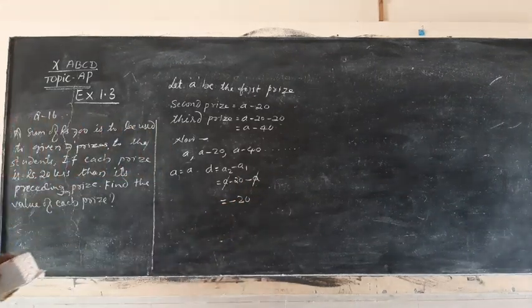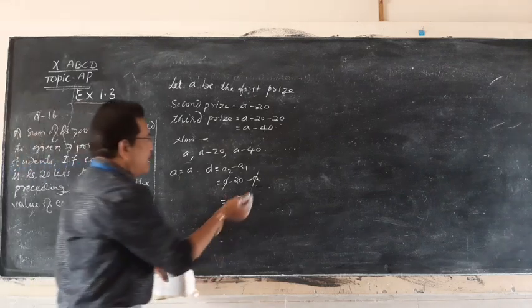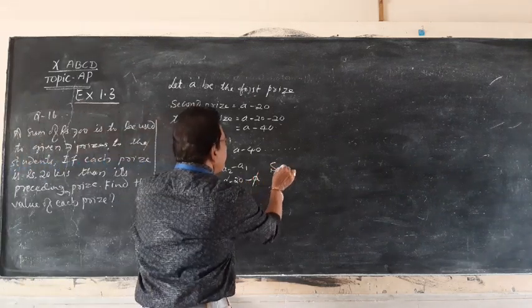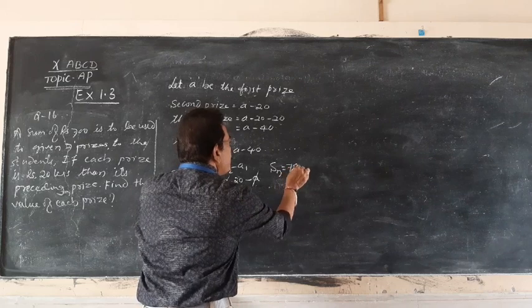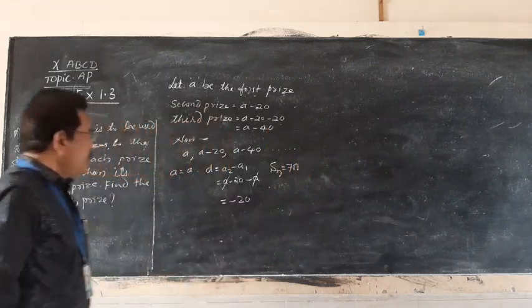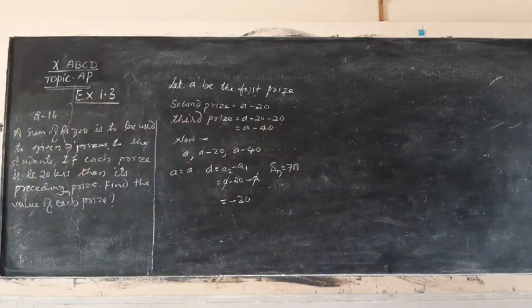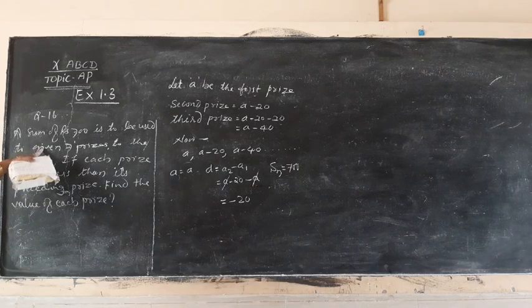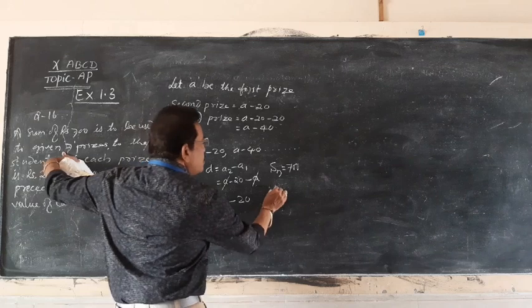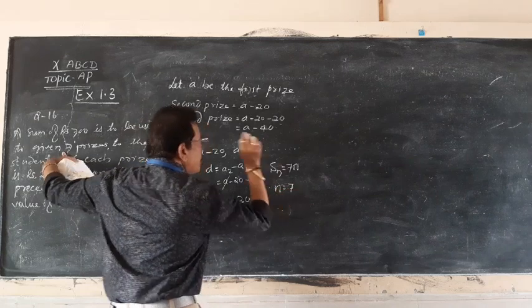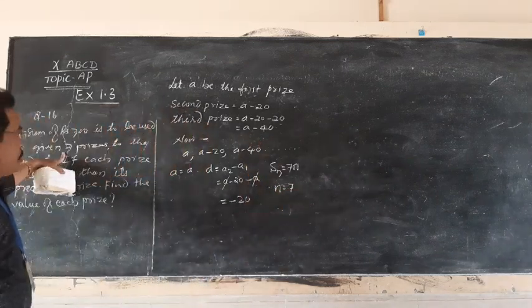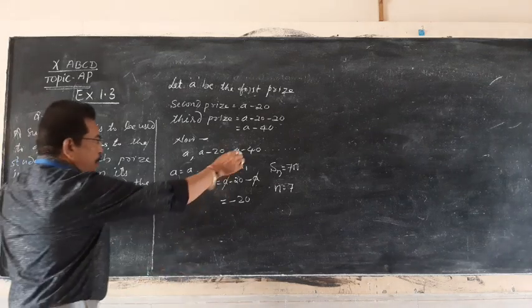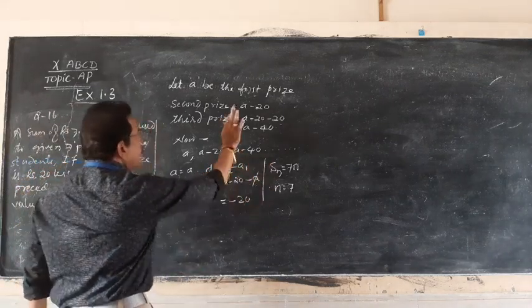According to the problem, Sn will be 700. How many prizes are to be given? 7 prizes, that is n equals 7. This is the preliminary preparation to solve the problem.